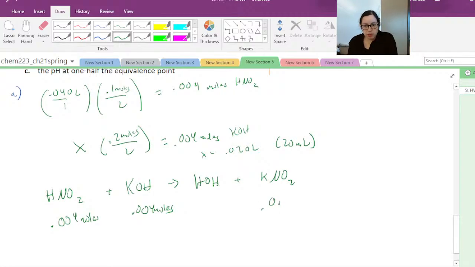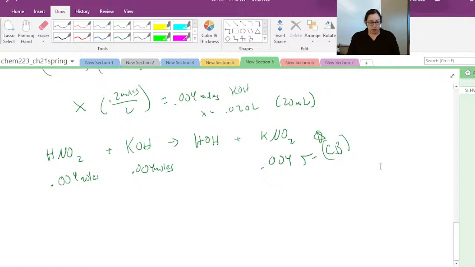Yep, so 0.004. And again, I'm starring this, so this is our conjugate base species, right? So again, nitrite is a base. It's not innocent. So going back to the salts as well, thinking about, okay, yes, this is a basic salt. And so now we basically have to do a Kb problem.